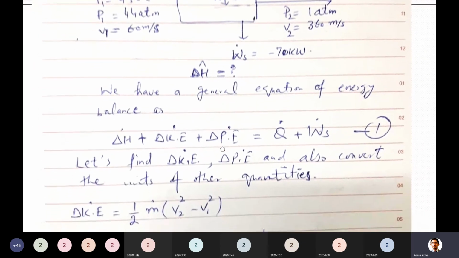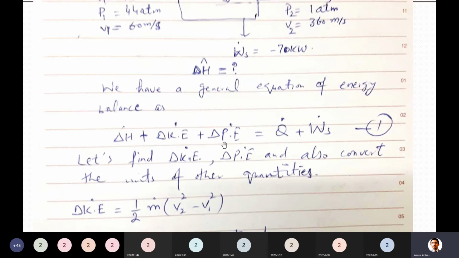First of all, let's find the change in kinetic energy. As I mentioned earlier, when you derived this equation yesterday, in the second last step, before you wrote delta KE, you were told that the change in kinetic energy, change in potential energy, or change in enthalpy, is equal to, for example for kinetic energy, the kinetic energy of all the streams at outlet minus the kinetic energy of all the streams at inlet.